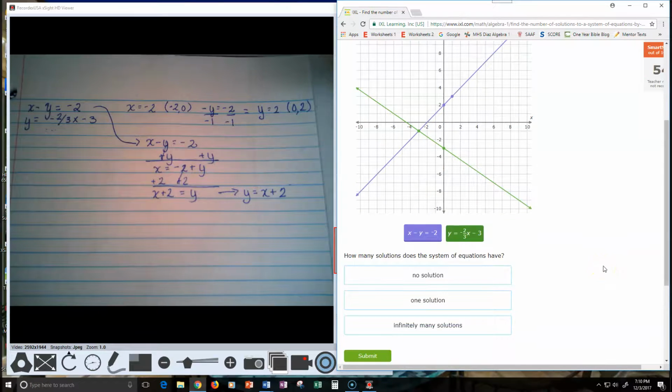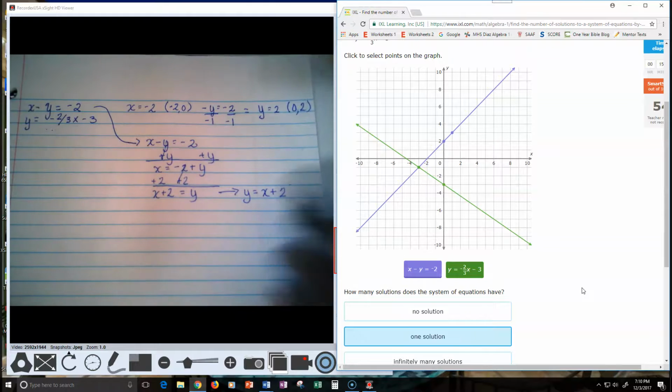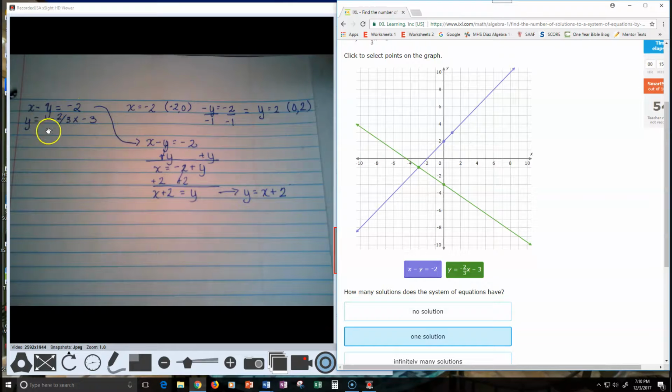So as you can see, we have one solution, and we could tell that automatically from the slope. The slope here is 1. However, the slope here was -2/3. So it's not parallel because the slopes are not the same. It is not perpendicular because the slopes are not opposite reciprocals. Also, it is not infinite because the lines are not the same.